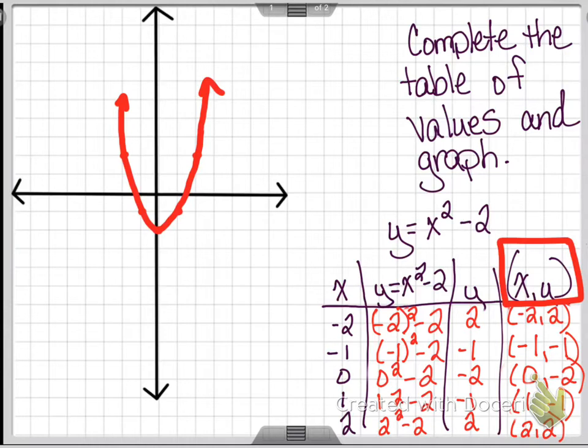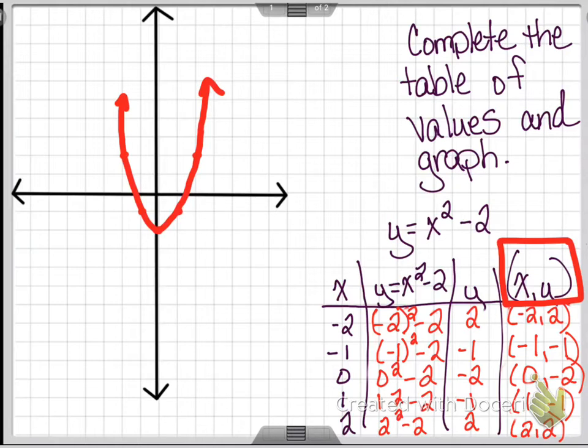And this is graphing it using a table of values. Again, when you're graphing using a table of values, I would like for you to use 0, because 0 is always helpful. Then do a couple of negatives and a couple of positives. If you use these 5 values, you'll be in good shape when you're graphing something like that. Okay. Questions on graphing using a table of values?